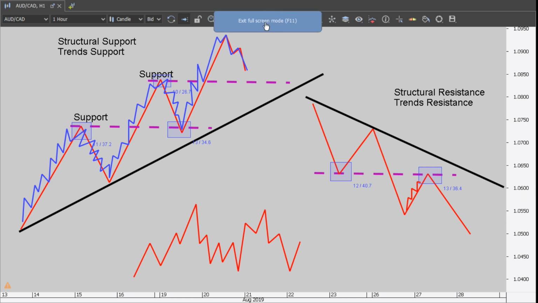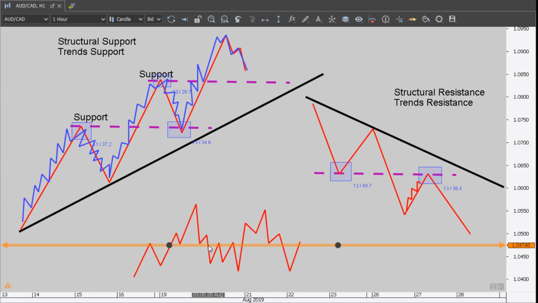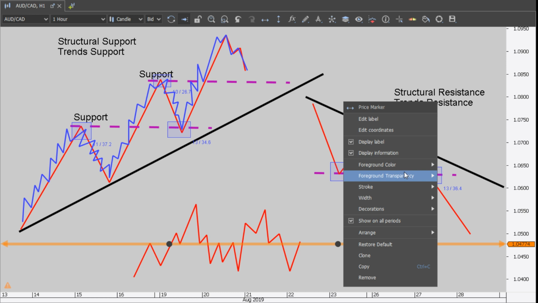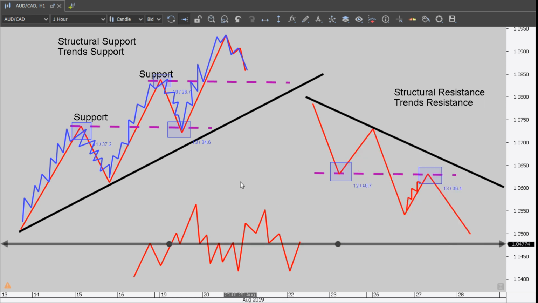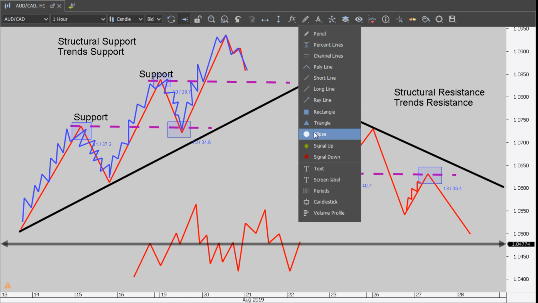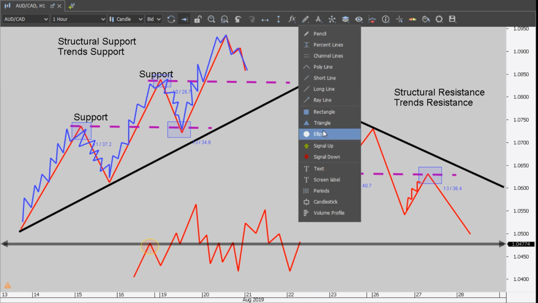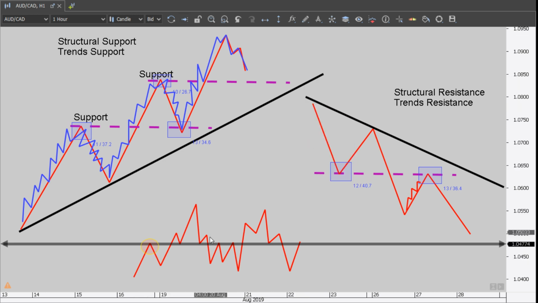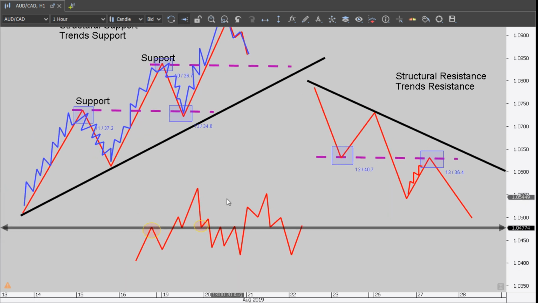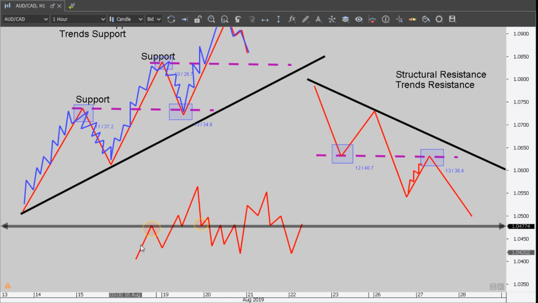Okay, so this is a pivot point in here. Let's color code this in black. So as you can see, the market hit the line, the area. The market hit from when it was going from the downside up, hit the wall, and when it was going from the upside down, hit the wall.